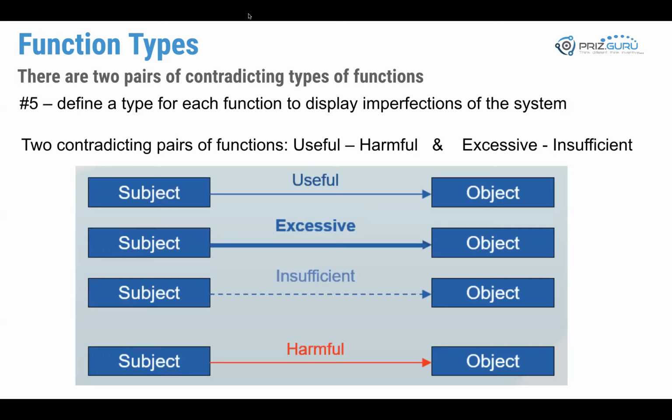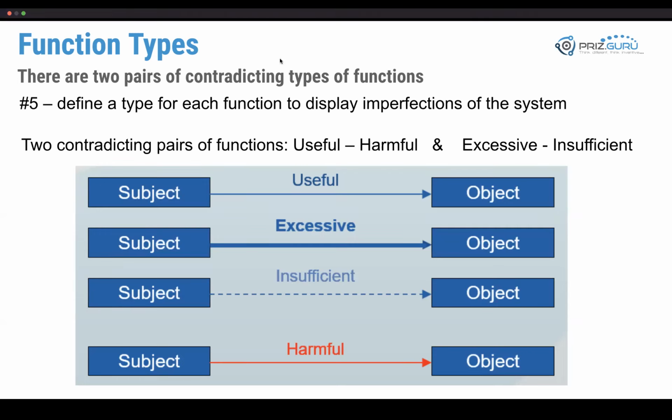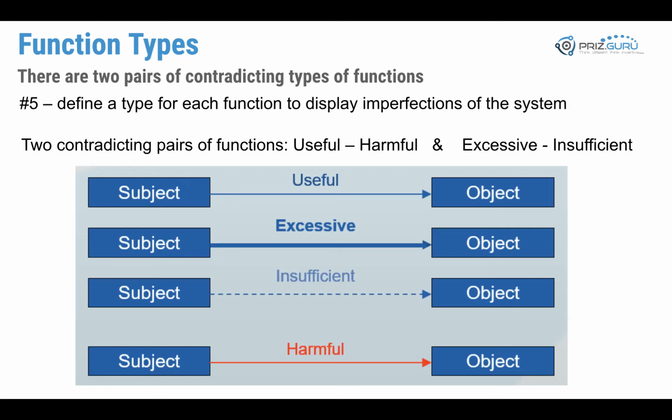And due to interaction of water with, I don't know, metal parts, tubes, pipes, corrosion occurs. And this is not a useful function. This is a harmful function. Again, these are two types: the group of useful functions and the harmful function. And within the group of useful functions, it could be excessive, it could be insufficient.